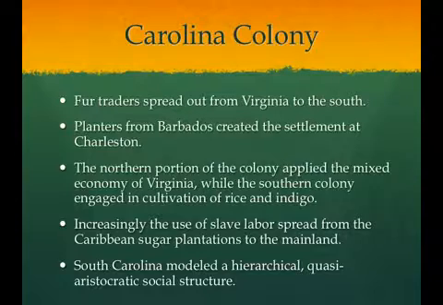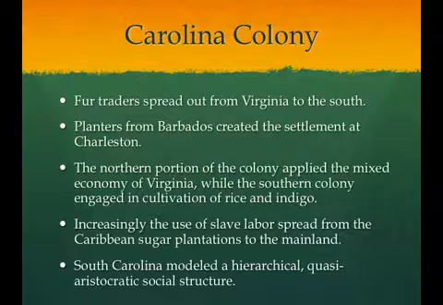And so really what ends up happening is this Carolina colony, named for a Queen Caroline of England, two very different colonies emerge essentially, but they're part of this one Carolina colony.